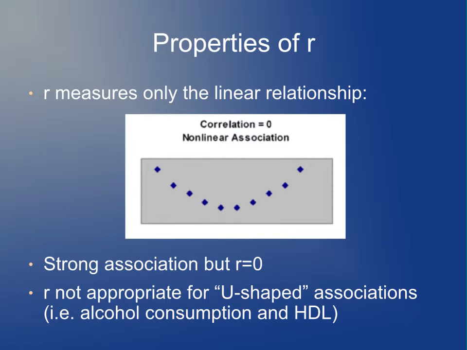A classic example of this would be the association between alcohol consumption and HDL: if you consume a small amount of alcohol, it's associated with lower HDL levels, but if you consume a larger amount of alcohol, then your HDL levels start to go up. If you calculate the correlation, it may be very close to zero, even though an association does exist.